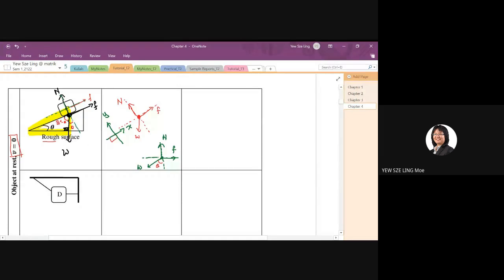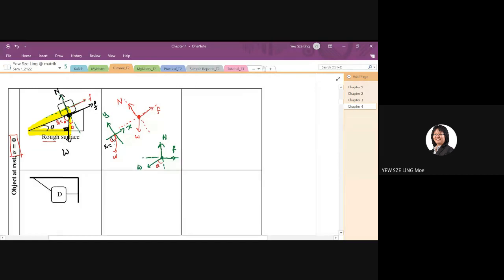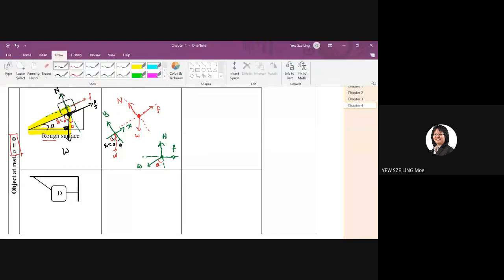If W is here, the angle from x to W is 90 minus theta. Therefore, the angle beside y is theta. So basically, that is what happens in our diagram.